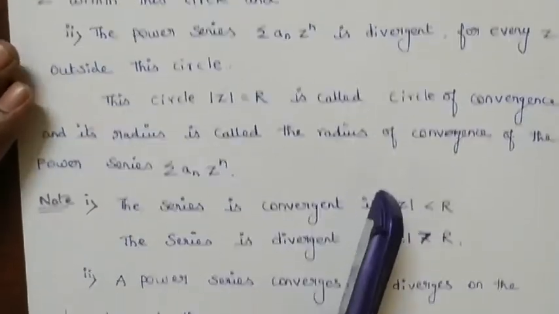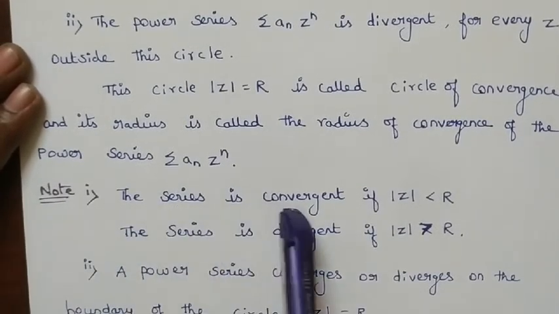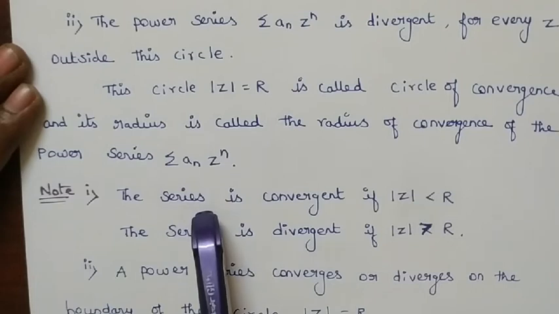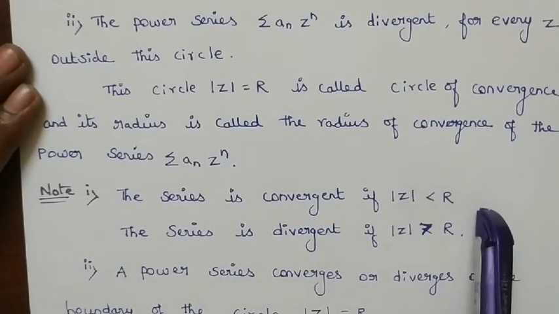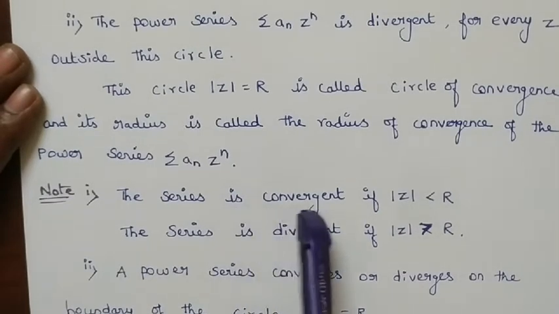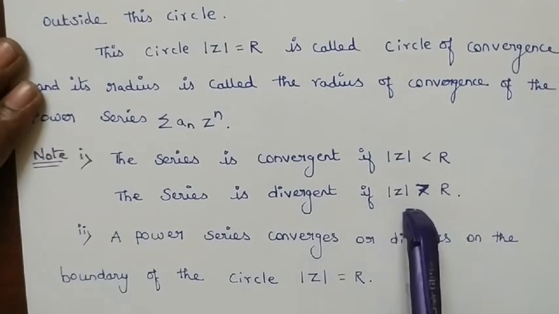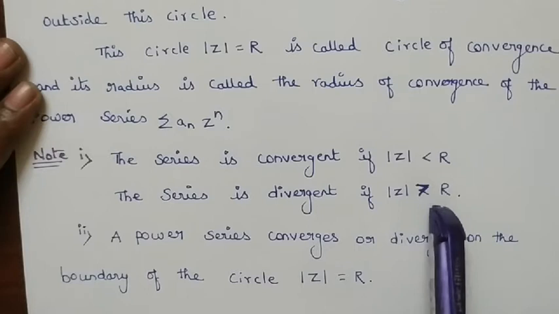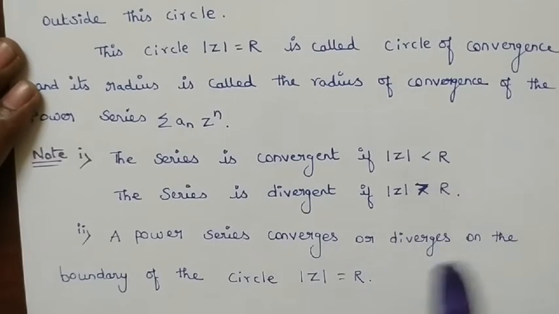We can see some notes regarding the radius of convergence. First note: if modulus of z is less than r, then we can say that the given series is convergent. If the series is divergent, then modulus of z is greater than r.